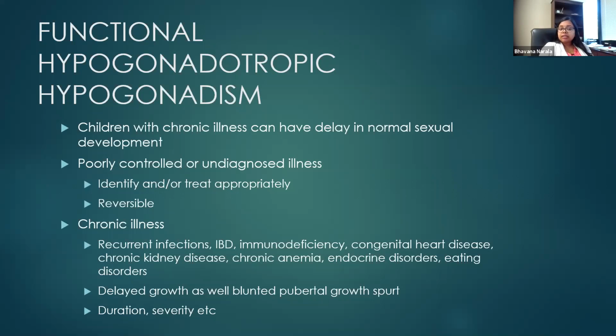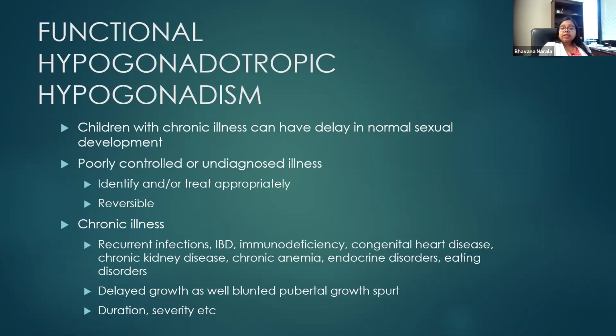immunodeficiency, congenital heart disease. We frequently see chronic kidney disease. These kids are also needing some help with treatment to go through puberty sometimes, and given the chronic nature of their illness, chronic anemias, endocrine disorders, eating disorders.